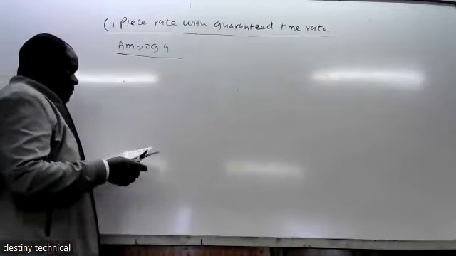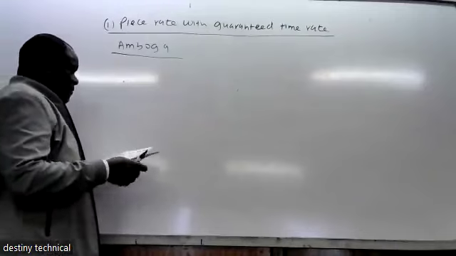So that means 1,800 are good units. So we want to get the pay for good units, which you multiply by 25.